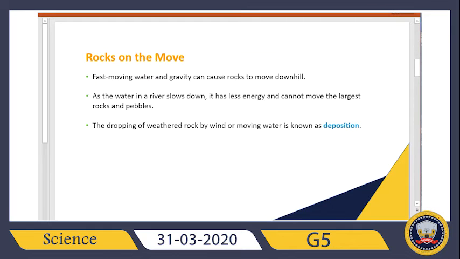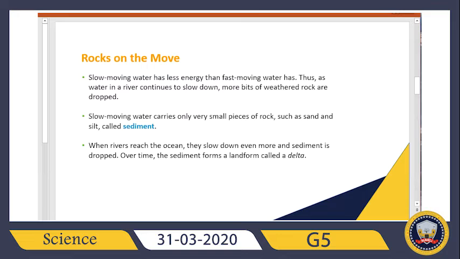Each time the water hits the rock, it takes a small piece of rock from there, and the dropping of the weathered rock by wind or moving water is called deposition. You can also find the definition of sediment here.